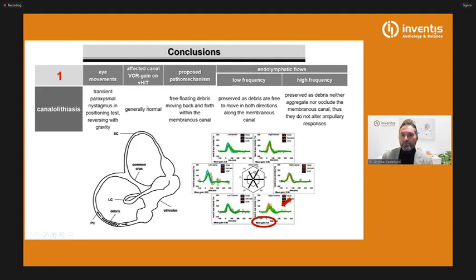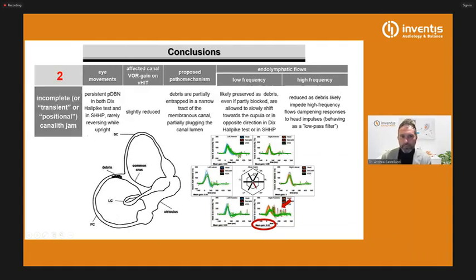The video head impulse test generally is normal because free-floating debris move back and forth within the membranous canals, and low and high frequency are preserved because debris are free to move in both directions along the membranous canal. So we have a normal VOR gain for the affected canal.